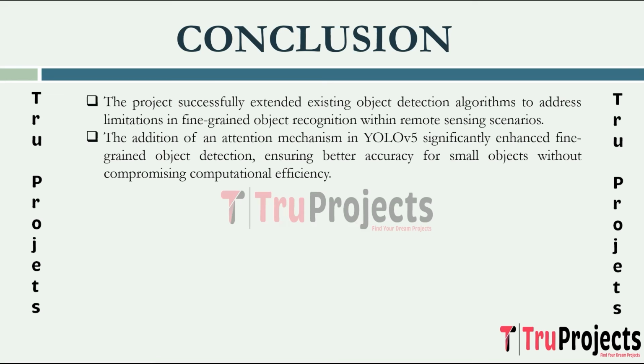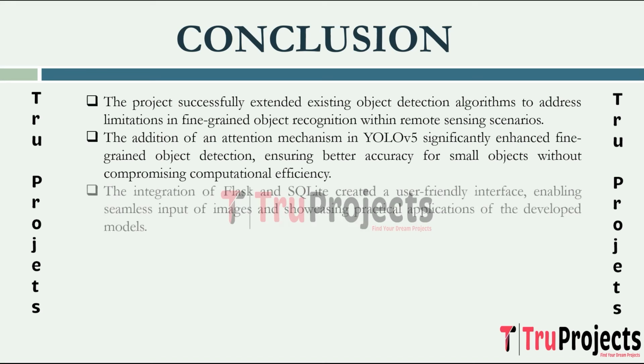This improvement resulted in better recognition accuracy, especially for small objects, without sacrificing computational efficiency. The integration of the Flask framework coupled with SQLite for user authentication established a user-friendly interface. This allowed users to input images and the system seamlessly processed and displayed the final outcomes, showcasing the practical application of the developed models.